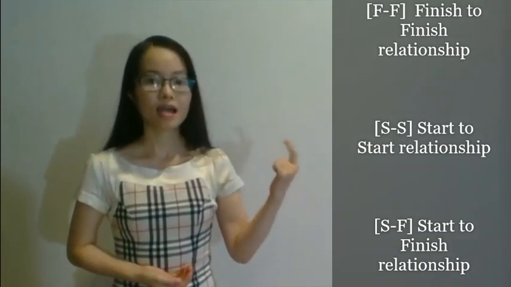There are also FF, SS, and SF relationships when we talk about activity dependencies. Moreover, there is another approach to construct a project network, which is the AOA or Activity on Arrow method. Each method has its own advantages and disadvantages.